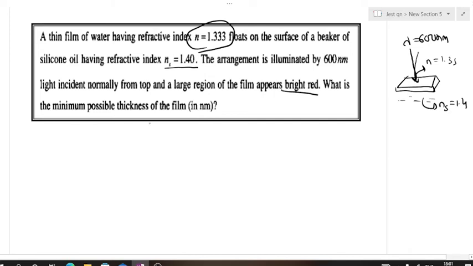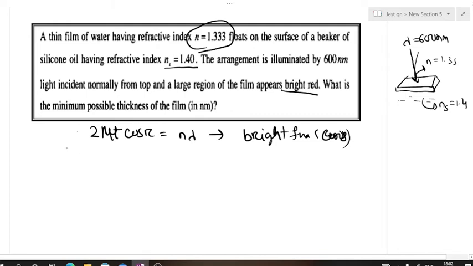As you know, there is no case of reflection, so no extra term will come. So total 2 mu t cos r is equal to n lambda for bright fringes or for constructive interference. Okay, for constructive. In case of a thin film, but if the ray will be reflected, then extra term will come.